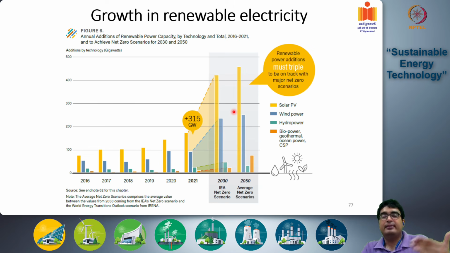So even the current rapid growth is not sufficient. We need to scale up this growth of renewable energy capacity additions from solar, wind, etc. in order to achieve our net zero targets and keep our warming below 1.5 degrees C. And that is what the IPCC is telling us. Okay. So while the growth has been good, it is not yet as good as we want it to be. Okay. So that's the problem.